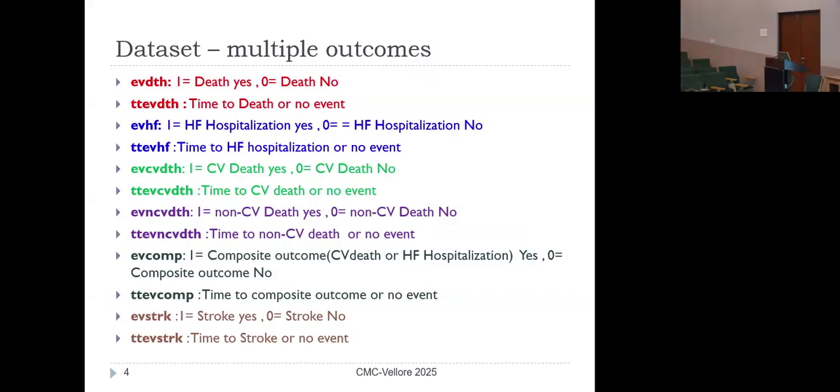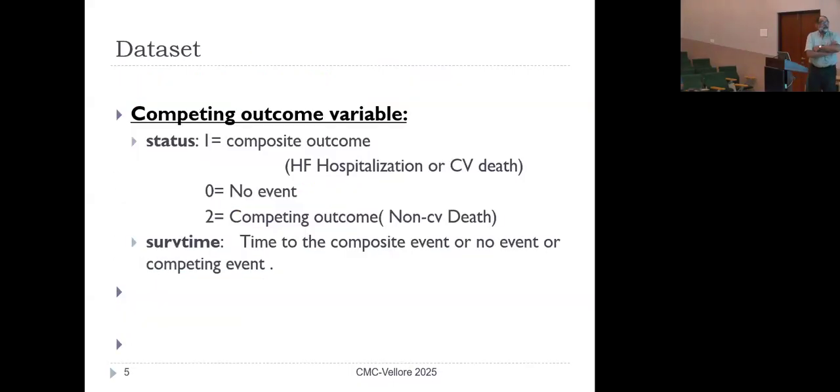Because if you die of this, you can't experience the other event. So that's a competing risk. The original analysis was with competing risks. The status variable is coded so that it's 0 for no event, 1 for the event of interest, which is a composite, and 2 is the competing outcome. The competing outcome for heart failure hospitalization or CV death is non-CV death, dying of another cause.